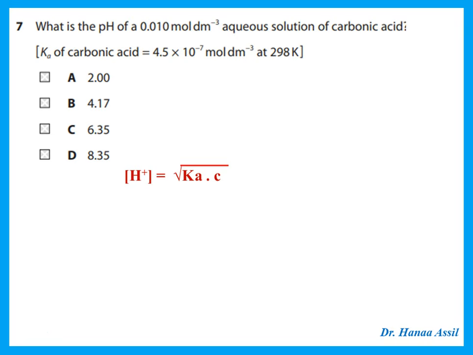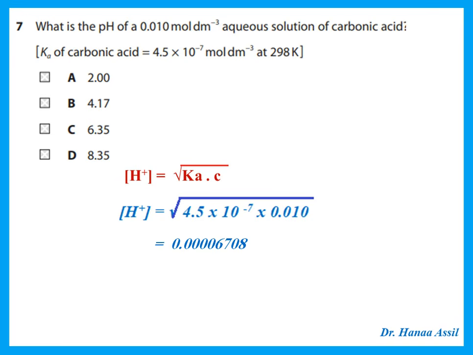So that gives me a certain number. I can use that to get pH. Do you remember? pH is minus log concentration of H plus ion. So minus log of that number gives me a pH of 4.17.